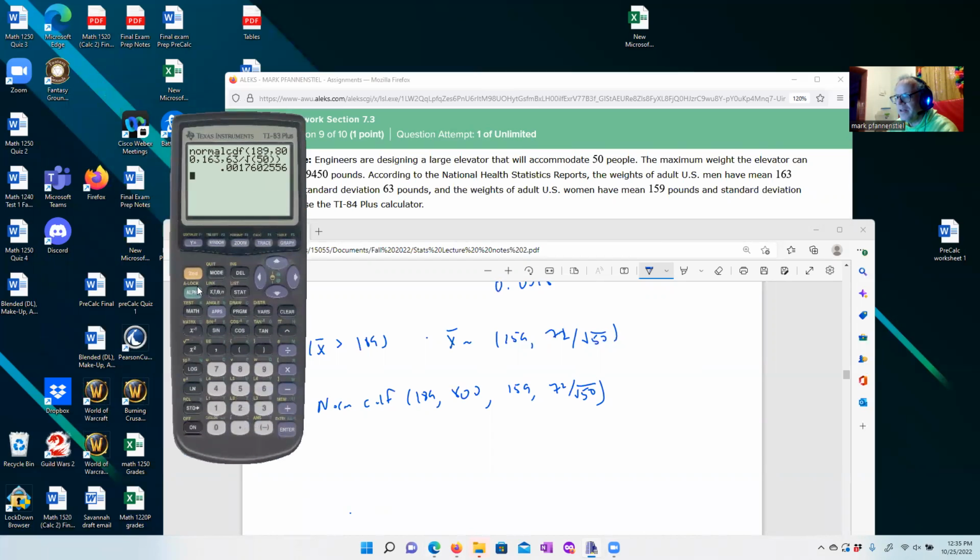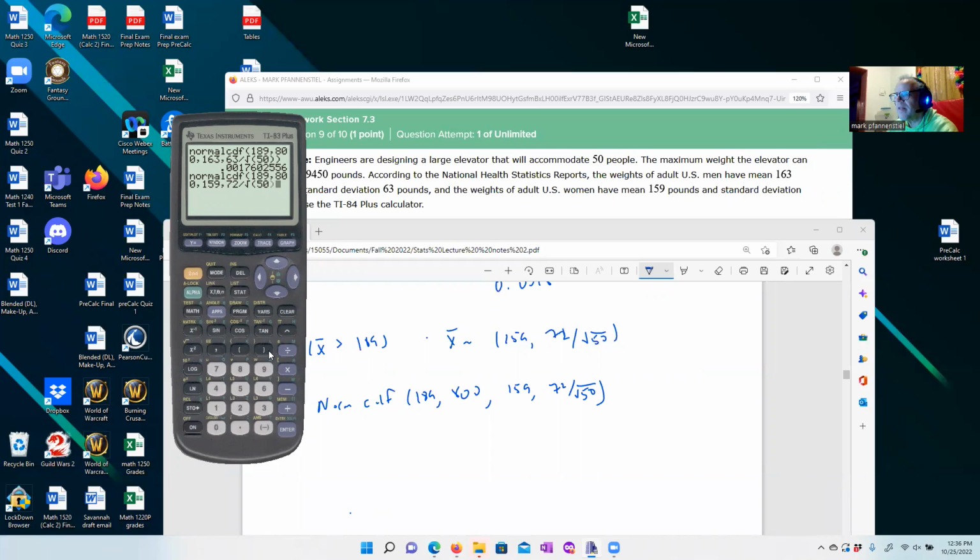So we're going to do second function, distribution, norm CDF. We'll say 189, comma, 800, 159, and then 72 divided by the square root of 50.